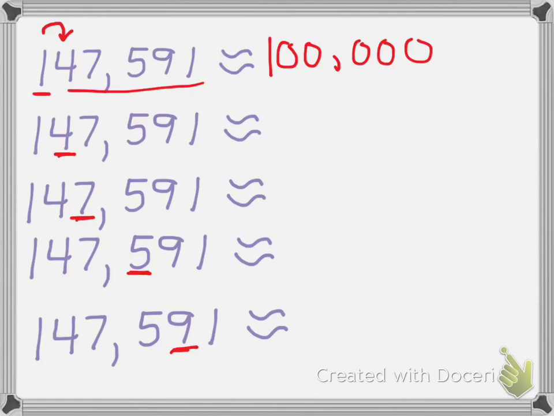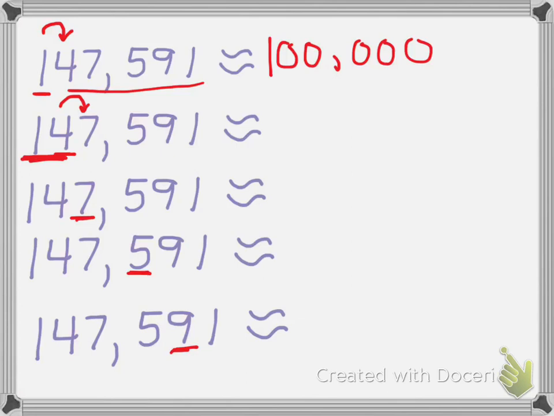Okay, let's change it up. Now we're going to round to the 10,000s place. I have 4 in my 10,000s, but I can't forget about all the numbers before it. So I have 14 ten-thousands. I'm going to look to the right of my 10,000s place, and it's a 7. On my vertical number line, my midpoint would be 145,000.